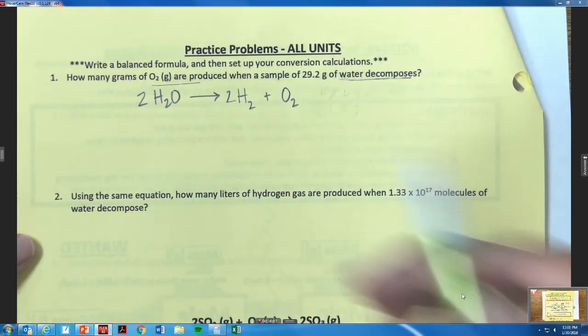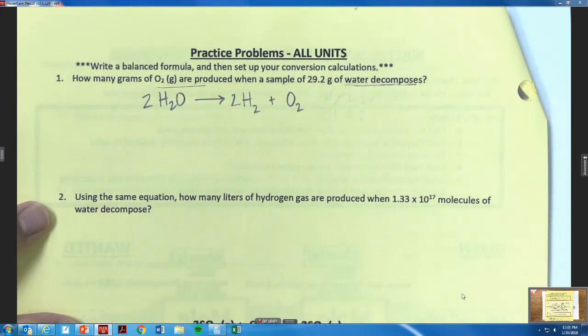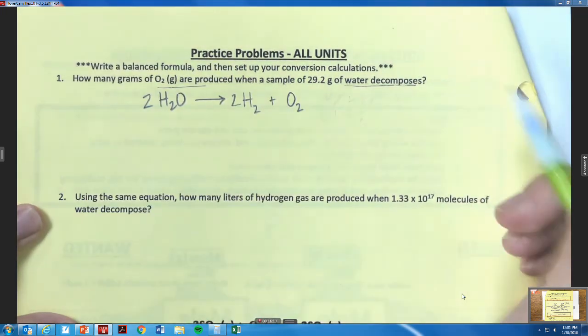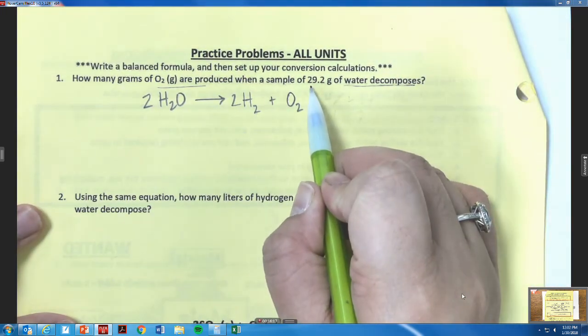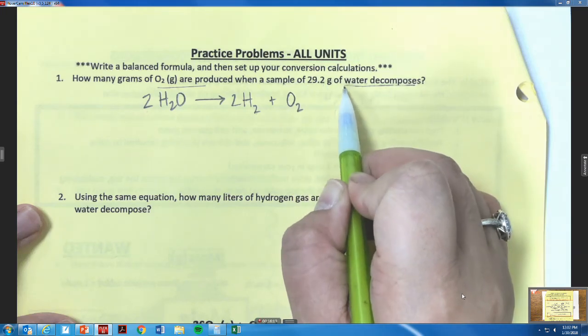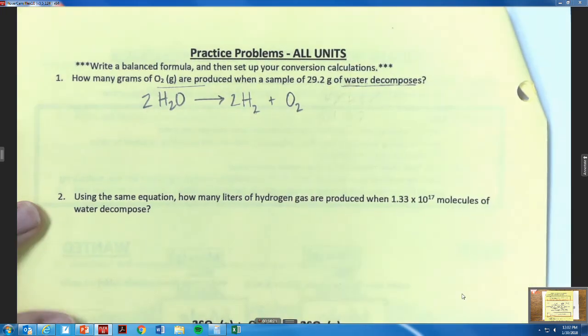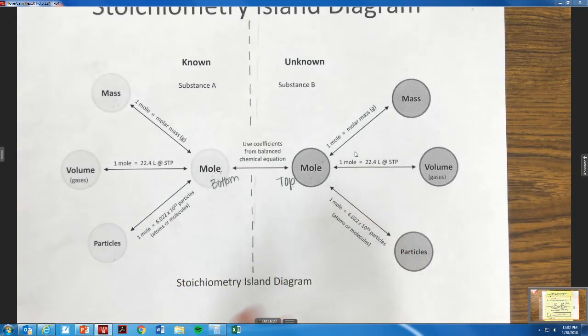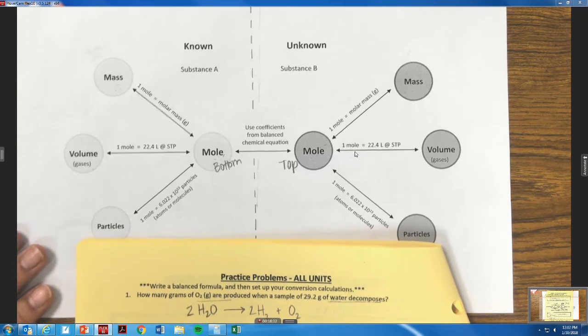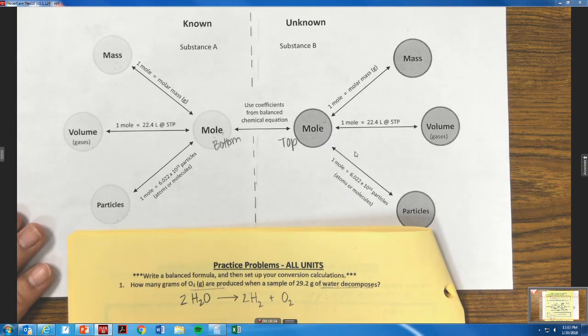Okay, so now that we have a balanced chemical equation, we can go ahead and try to solve our problem. Remember we were given 29.2 grams of water. I actually have a different mole map than you guys, but let's see, maybe I can squeeze it in.